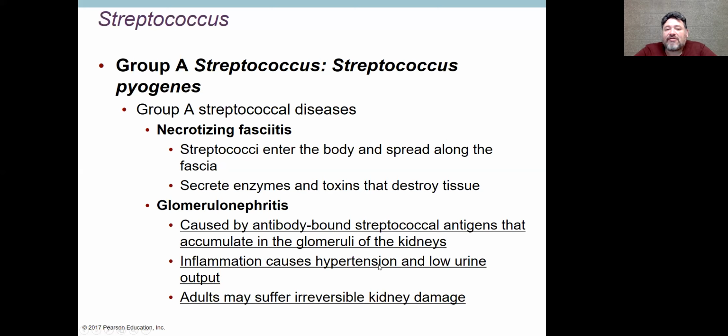It does not allow the proper filtration of blood through the renal corpuscle. And how do you know? Because it's blocking the glomerulus, less urine is eliminated, so you end up with a low urine output. You may end up with high blood pressure, and it is possible that, allowed to continue, it can cause renal failure to some degree, okay? So like I said, Streptococcus pyogenes is one of the bad guys.